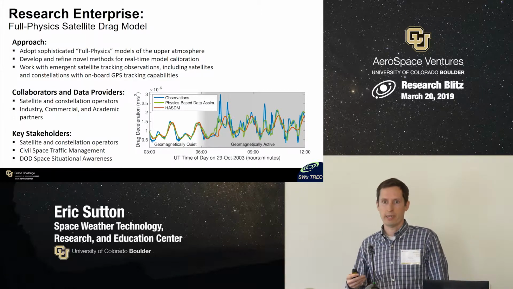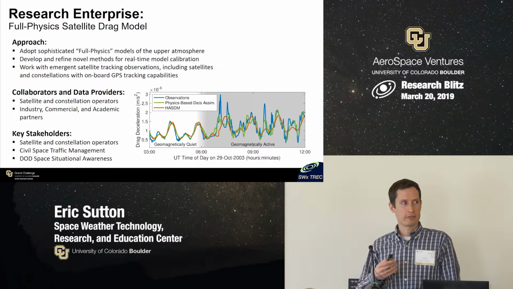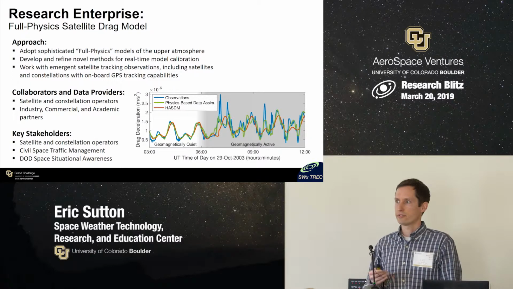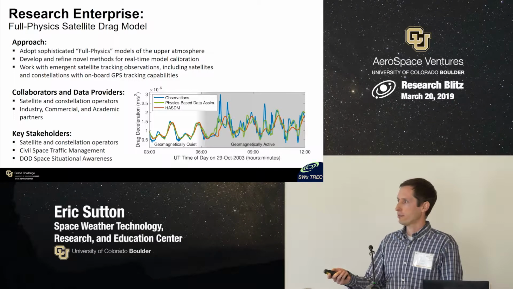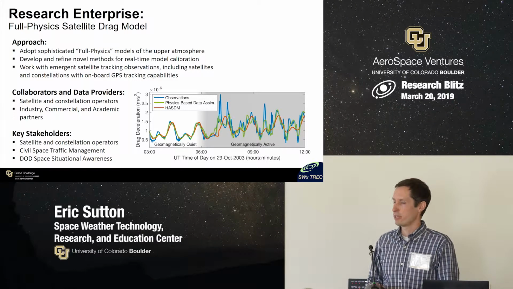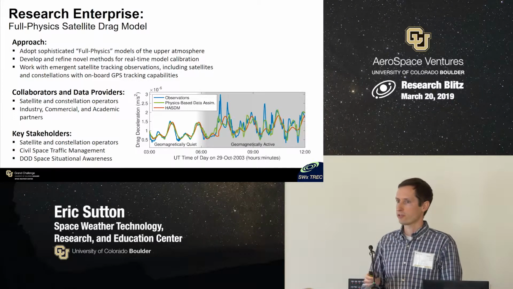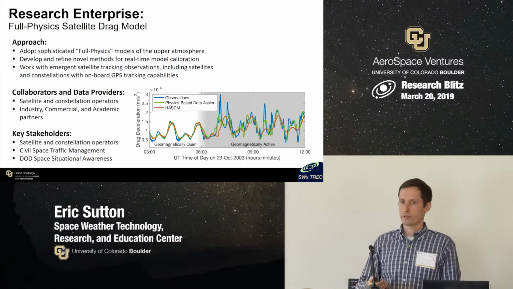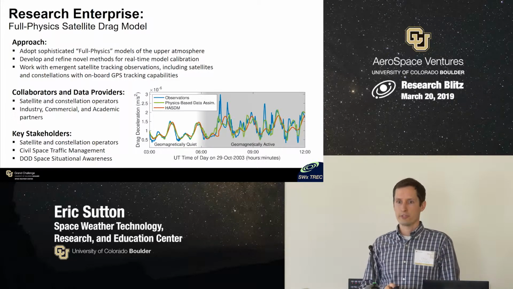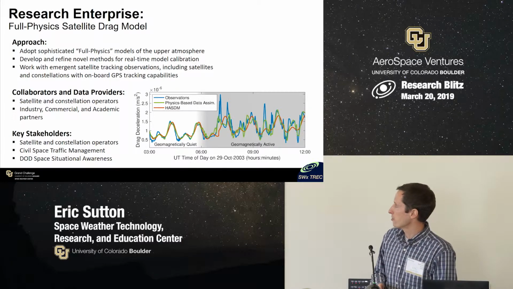Many of them were developed over decades and decades right here in Boulder. In fact, I think in the next talk, Tim will give you a little bit of information about one of the models running at CIRES and NOAA. And they're also models that we use at the High Altitude Observatory and others.